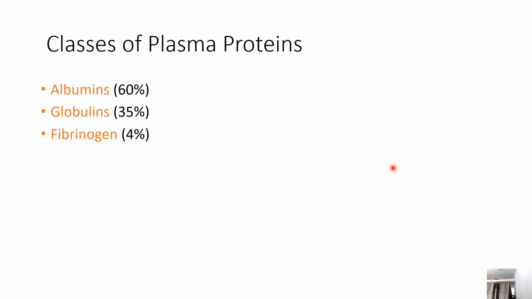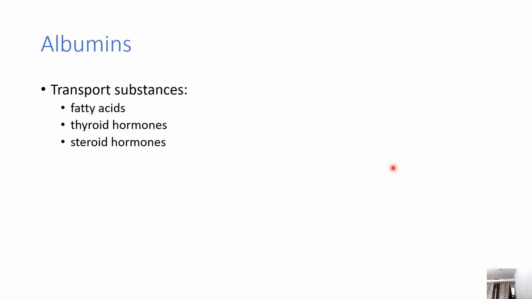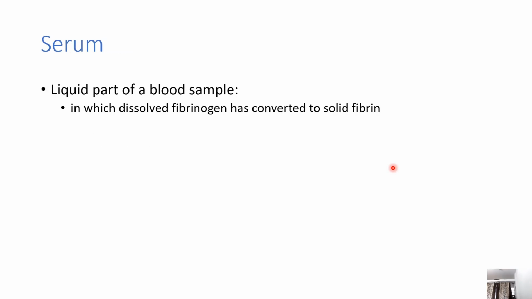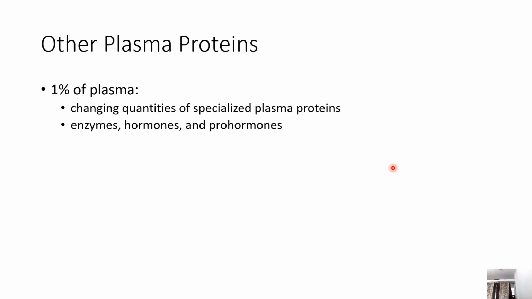Now, what are the classes of plasma proteins? Albumins, which make up 60%, globulins, which make up 35%, and fibrinogen, which makes up 4%. So, albumins transport substances like fatty acids, thyroid hormones, and steroid hormones. Serum is the liquid part of a blood sample in which dissolved fibrinogen has converted to solid fibrin.